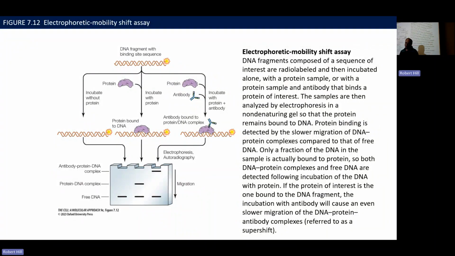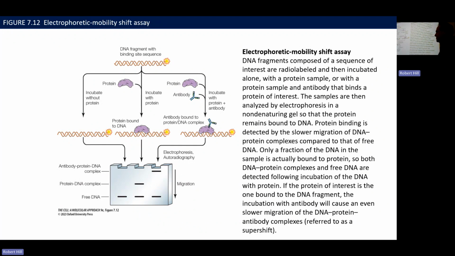Now, if you have a guess on what protein it may be, and you have an antibody against that transcription factor, you can mix it in with your lysate and with your DNA. And if it is in fact the correct antibody, then the antibody will bind to the protein, which will be bound to the DNA, which is a larger molecule collectively and migrates even more slowly through the gel.